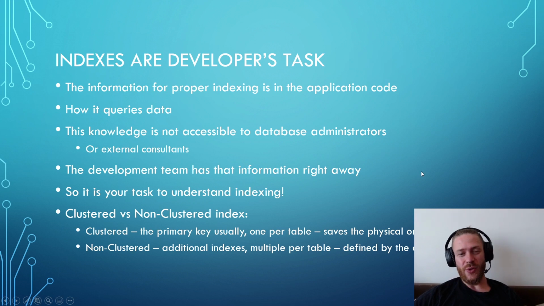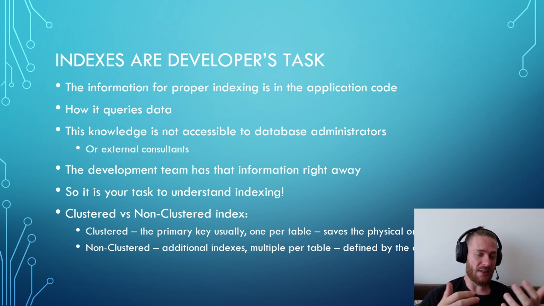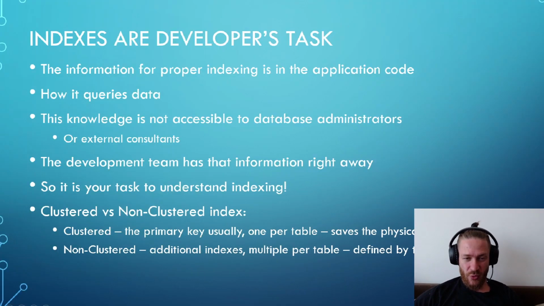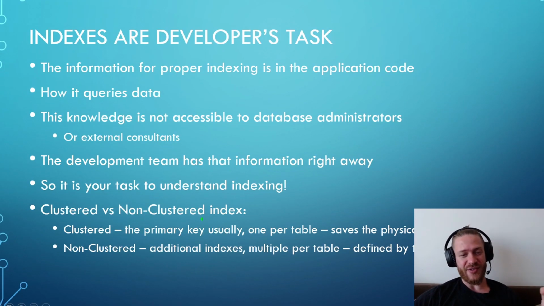As a developer, we need to understand how indexing works, what is behind the indexing operations in a SQL database, and what's the difference between a clustered or non-clustered index. So the difference between a clustered and non-clustered index.